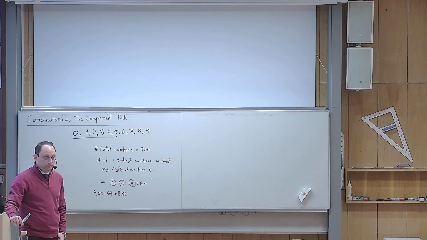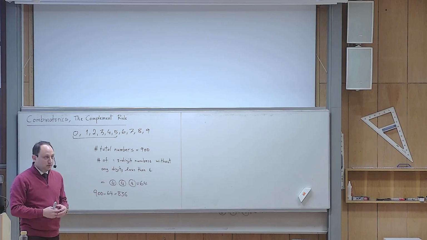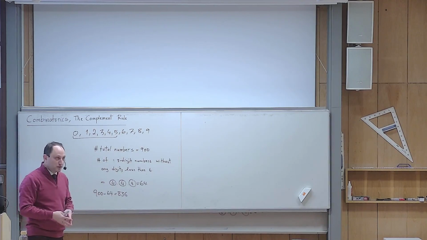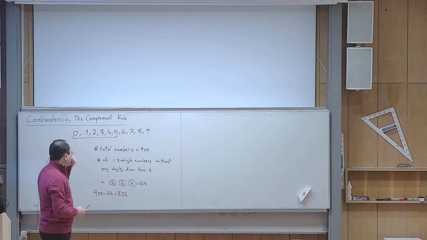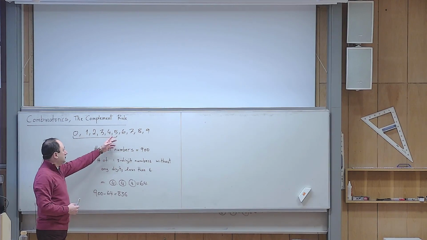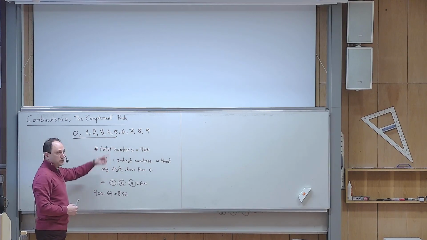No, because we also have another freedom, which one to choose. When I say exactly 1 digit less than 6, I still have some degrees of freedom here as well, because exactly 1 digit less than 6 means exactly 1 5 or exactly 1 4 or up to exactly 1 0.